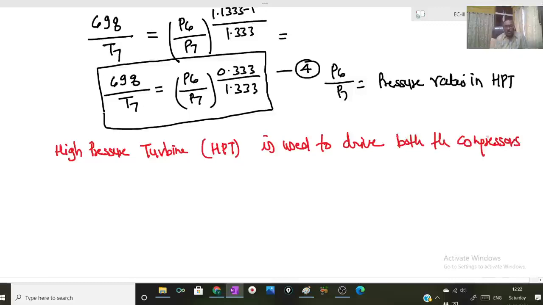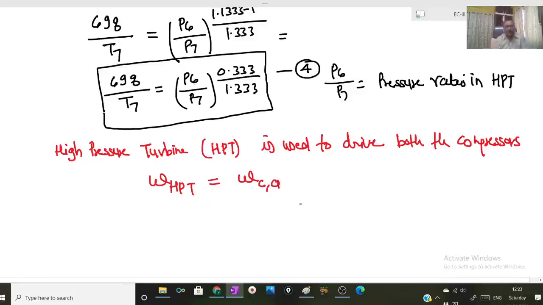So what does it mean actually? Work output of HPT will be equal to work output of compressor. Okay. Actual work output of the high pressure turbine will be equal to the actual work input to the compressor.